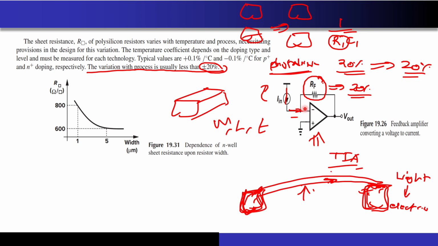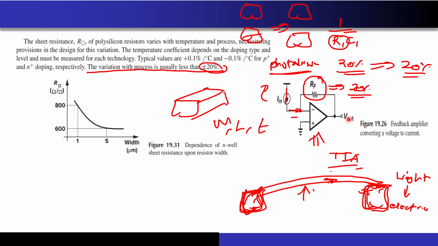So now what you can see over here is that any variation in this RF, correct? Any variation in the value of this RF is going to change my value of V out over here. Correct. Now what I will interpret is that if there is a change in V out, the change may have occurred in the I in itself, and I may decode that there was some information sent through the optical fiber, and that information I am now trying to decode over here.